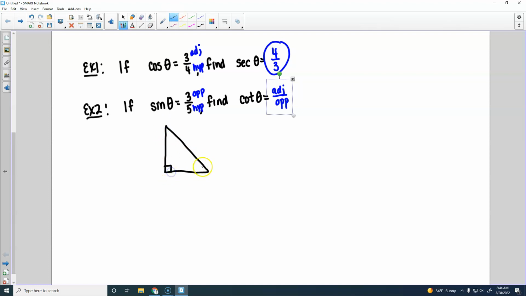So if I draw a right triangle, we'll label that theta right there. My opposite side would be a 3. My hypotenuse would be a 5. How could I find that missing side right there? Pythagorean Theorem. And this one should be one that you know, because 3 squared plus 4 squared is going to give you 5 squared, but you could solve it out if you need to.